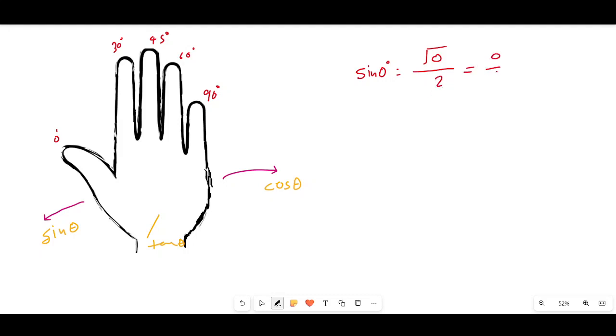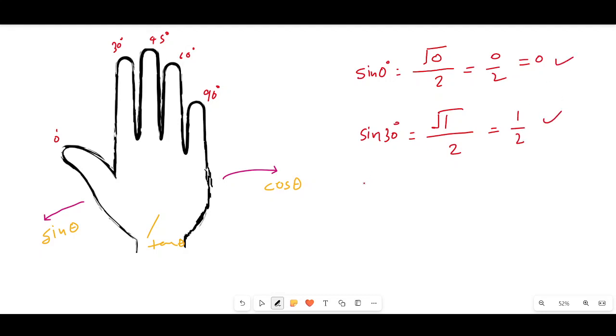We will get 0 by 2, that means 0. Now we should verify with another. What is the value of sine 30? On the basis of the table, for sine 30 there is 1, so we should write 1. Find out the square root, divide by 2, so 1 by 2, that is the answer.